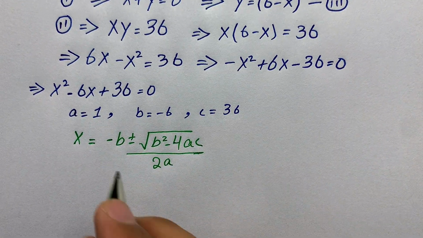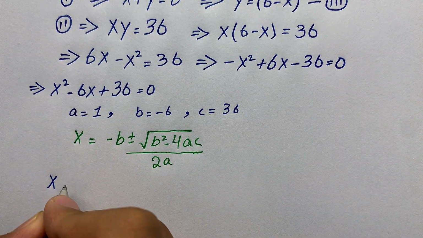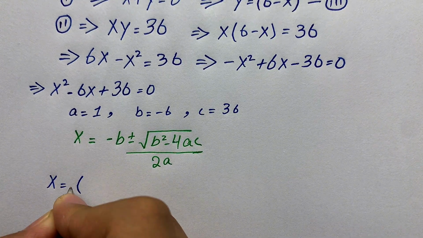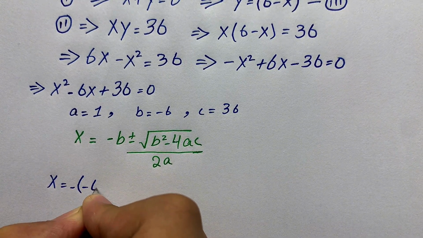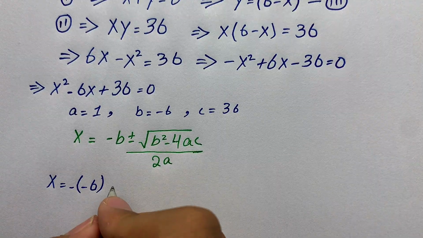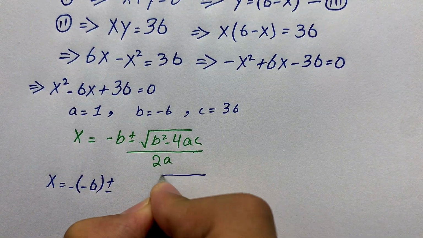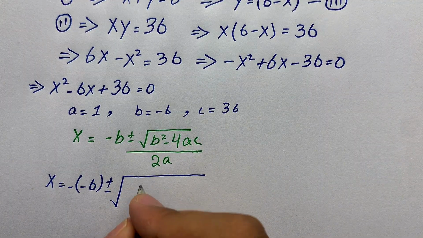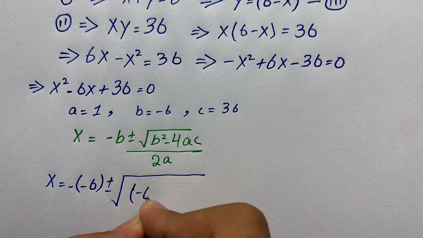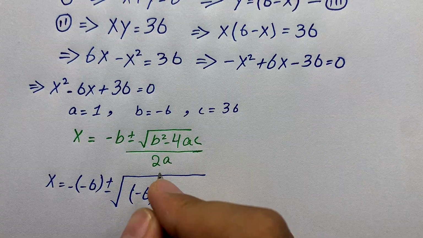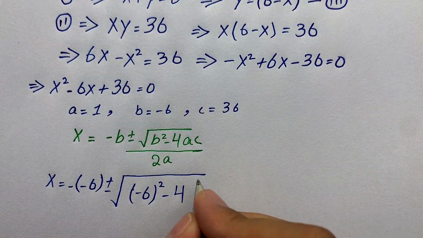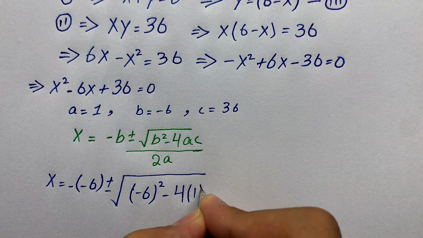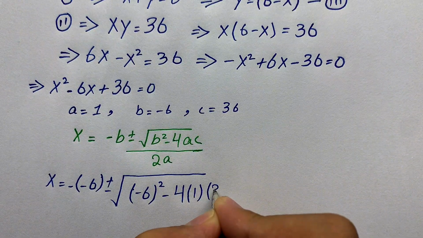After putting these, we get x is equal to minus into minus 6 plus minus, remember that our b is minus 6, square root of minus 6 squared minus 4 into 1 into 36.